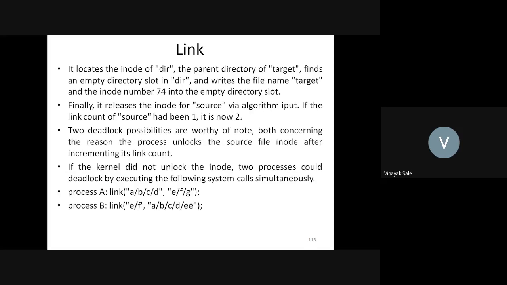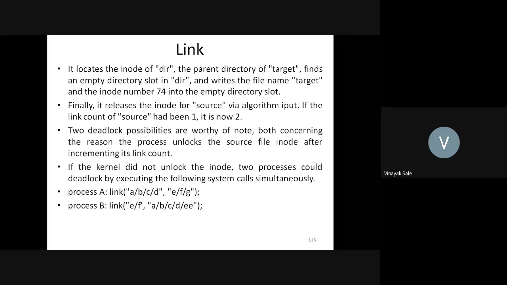It locates the inode of the parent directory of the target file, finds an empty directory slot in the directory, and writes the target file name with inode number 74 into the empty directory slot. Finally, it releases the inode of the source via algorithm iput. If the link count of source had been 1, now it shows 2.